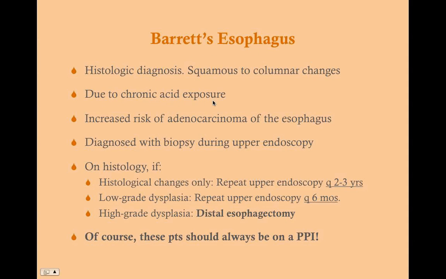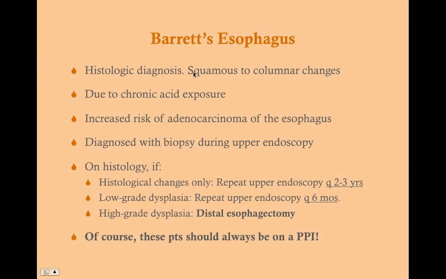Like I said, it's due to chronic acid exposure. The problem with Barrett's esophagus is not just that you have squamous to columnar changes. That's not a big deal. But when you have squamous to columnar changes, what you get is a metaplasia, and that increases your risk of developing adenocarcinoma of the esophagus, which, if you watch the esophageal slides, is one of the most deadly cancers you can get.